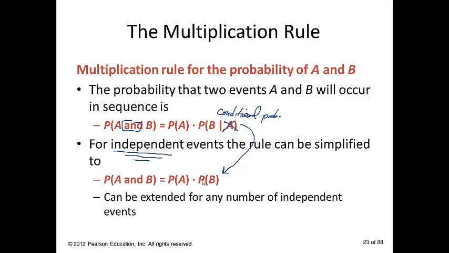And the probability of B just falls down. And of course, this can be extended for any number of independent events. The probability of A and B and C is equal to the probability of A times the probability of B times the probability of C.